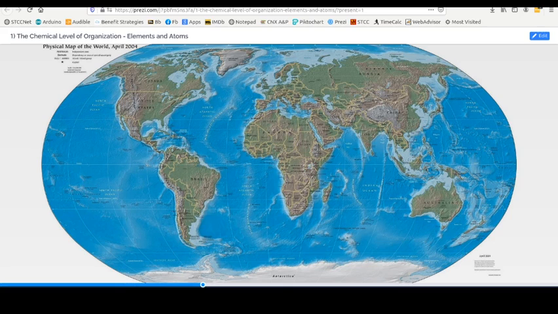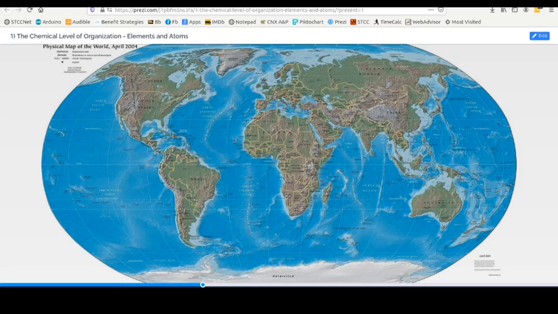Now, in this particular map that I happened to pull off of the internet, it represents a little bit more than just where the land masses are. You can also see that there's some texture to the geography.